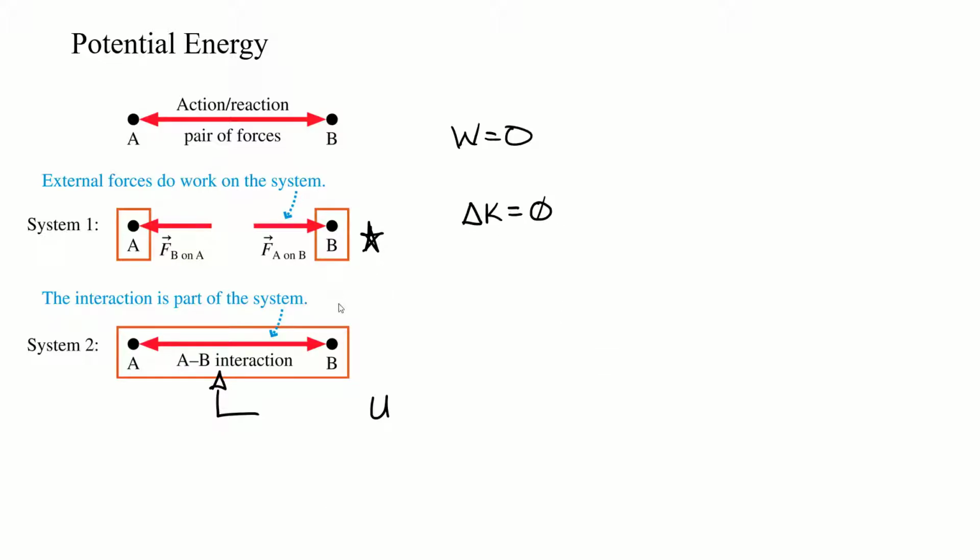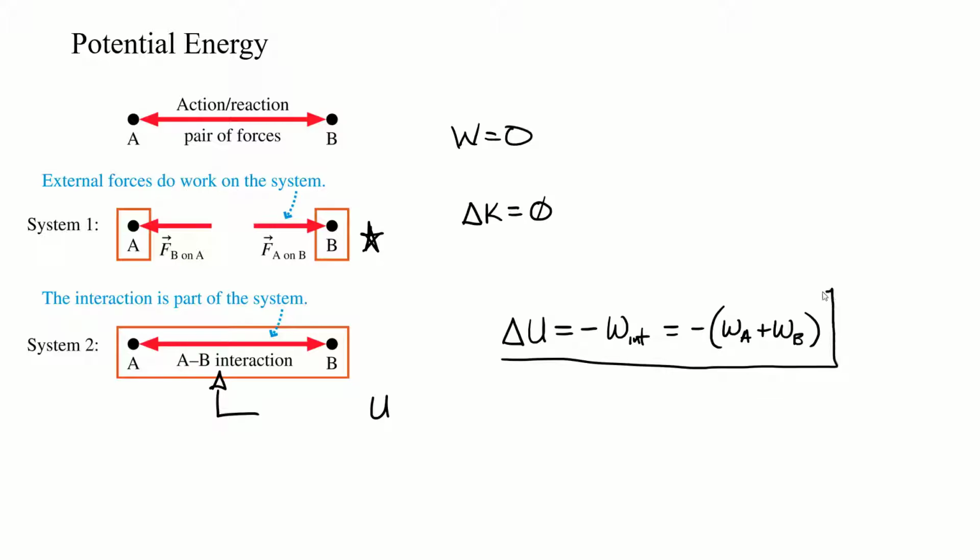And to reconcile these two, the change in potential energy is equal to negative the internal work done in that system. Or in this case, it would be negative the work done by A plus the work done by B. And we can define a potential energy in our system associated with this interaction in this way.